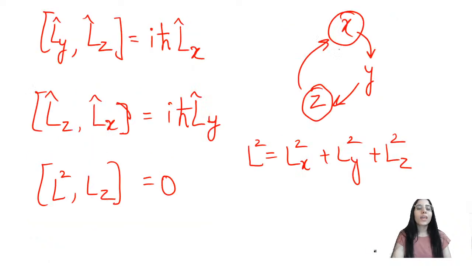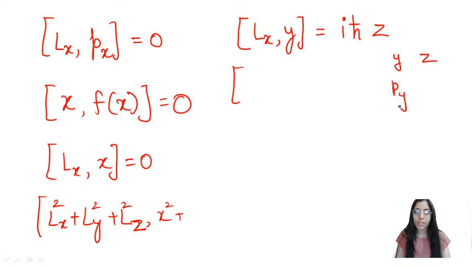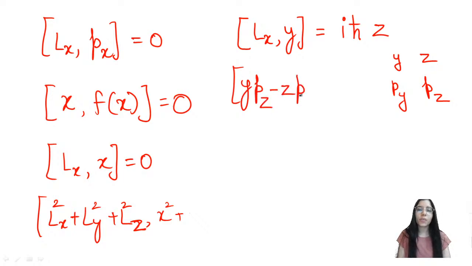Done. So guys, basically if you find the commutator bracket of Lx with y, it will be equal to iħ Lz. Clear? And how can we derive it? It's easy and simple. You know the value of Lx is y pz minus z py. So we need [y pz minus z py, y].